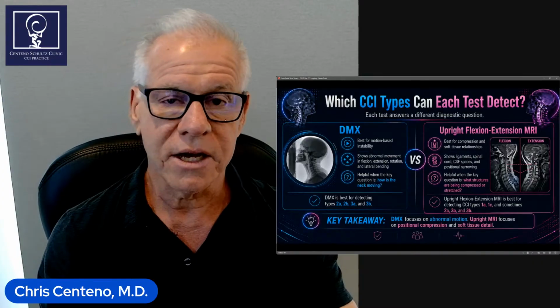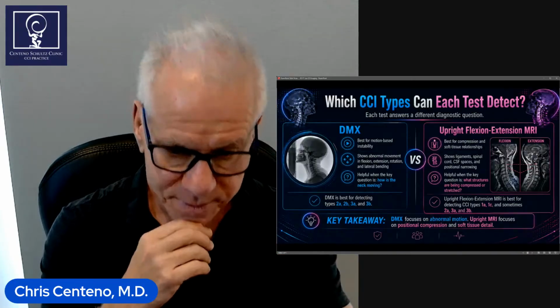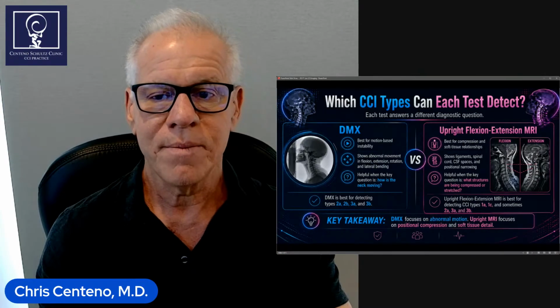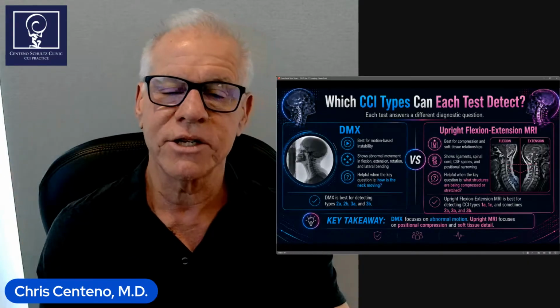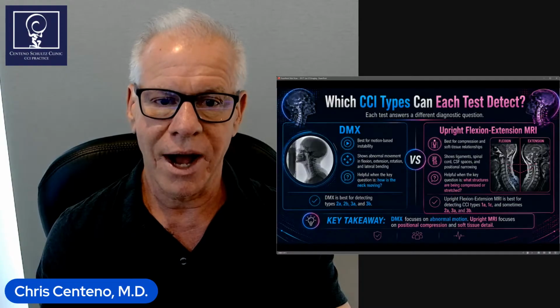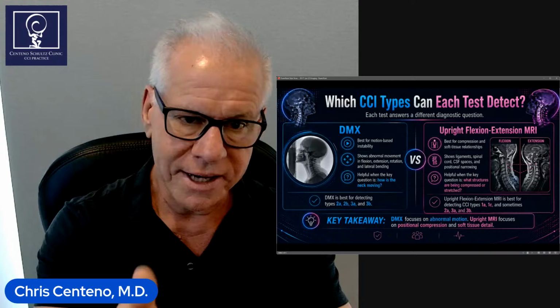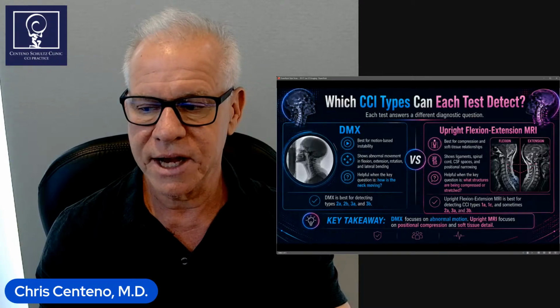Now, sometimes on upright flexion extension MRI, you can see other things, right? You can see a 2A, where you get opening of that atlantodental interspace in flexion, but it's not going to be so sensitive for that because you don't have as much pushing towards the end range as you do in a DMX, because that's one of the inherent problems with an MRI. It takes a while to get the picture, so it's hard to keep the patient in that position long enough to see what you need to see.